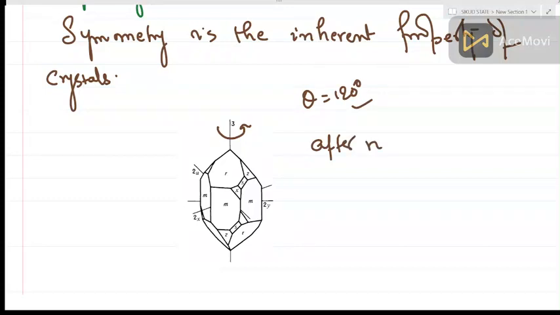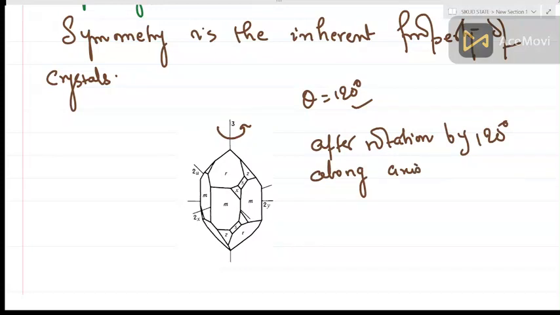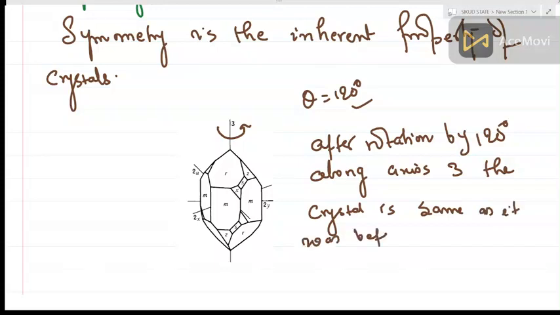After rotation by 120 degrees along axis 3, the crystal is the same as it was before rotation. So the before and after situations are the same.